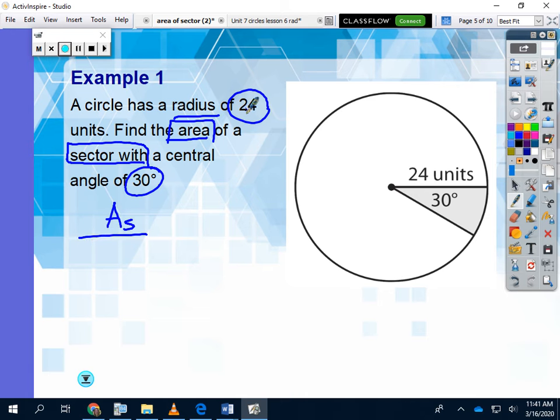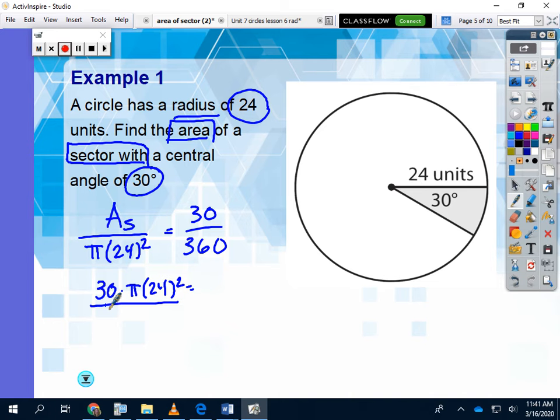Well, the radius is 24, so that would be pi times 24 squared, is equal to the degree measure over 360. Okay, so we're just going to cross multiply. So 30 times pi times 24 squared is going to be divided by 360 to get the area of the sector.